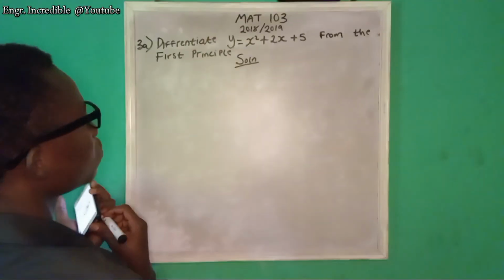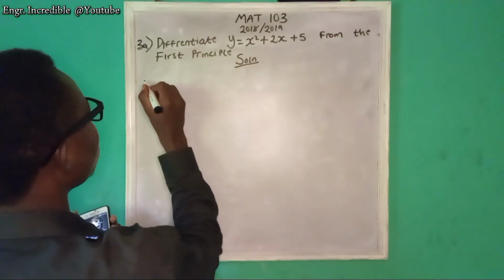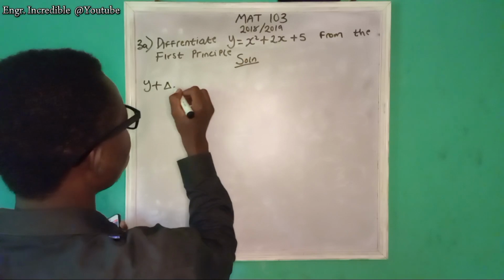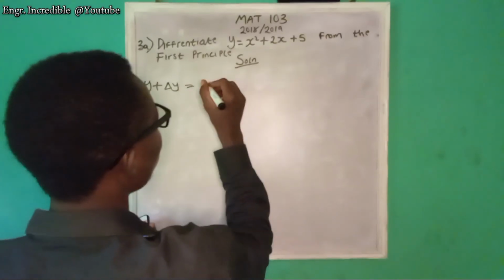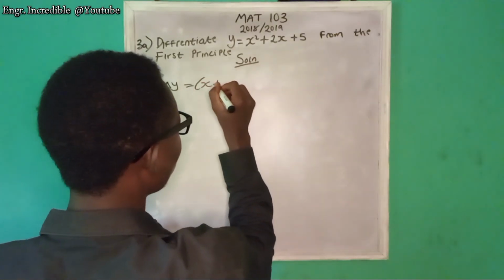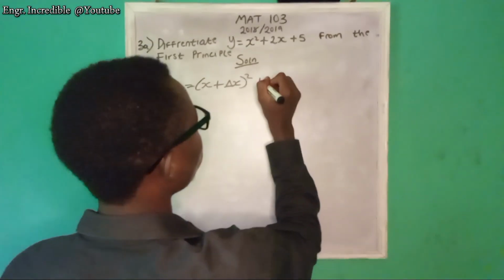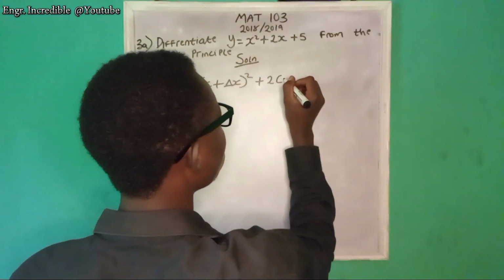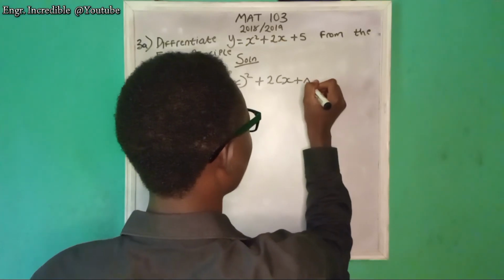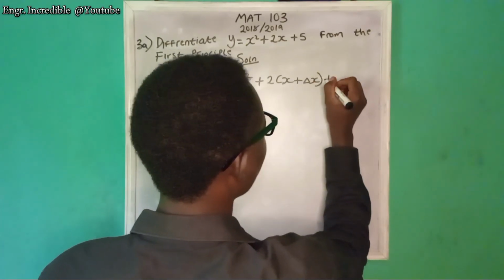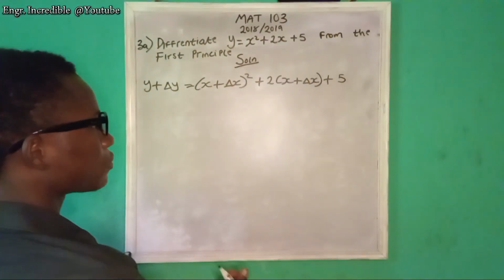So using first principle, we write y plus delta y is equal to, in brackets, x plus delta x all square, plus 2 in brackets x plus delta x, and we have plus 5.